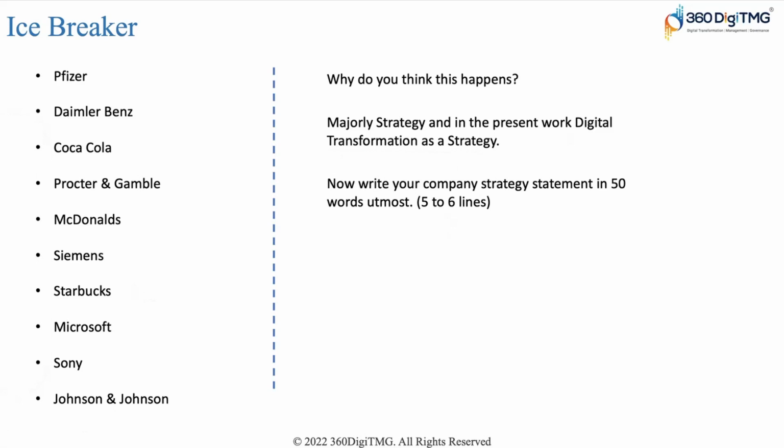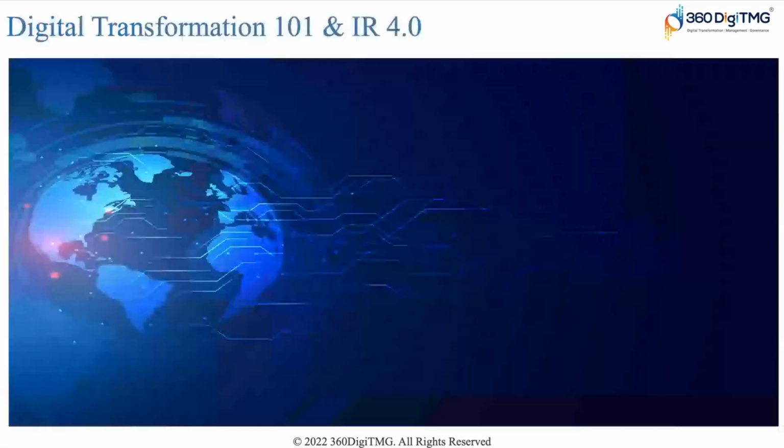Okay, and you all can write down your company's strategy statements, in 50 words at most, and think about whether you are really doing any significant change in your company. Do you actually understand the strategy statement or not in the first place? Okay, we'll see the best ones later if you find time.